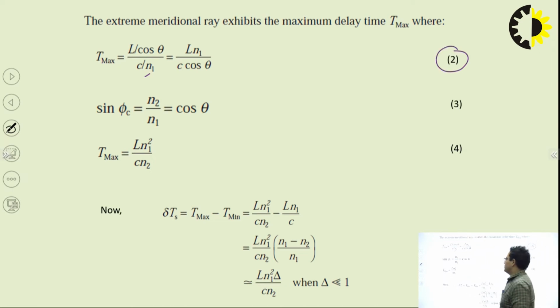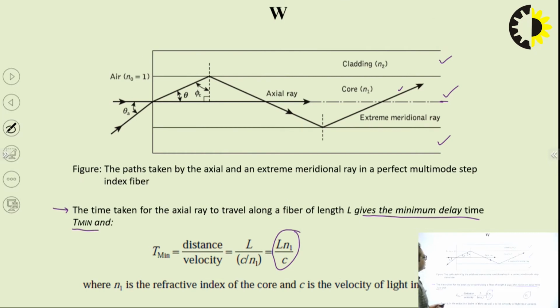Now as per this figure, what is sine phi c? We know that with the help of Snell's law, your critical angle is given by sine inverse of n2 upon n1. That means sine phi c is equal to n2 upon n1.